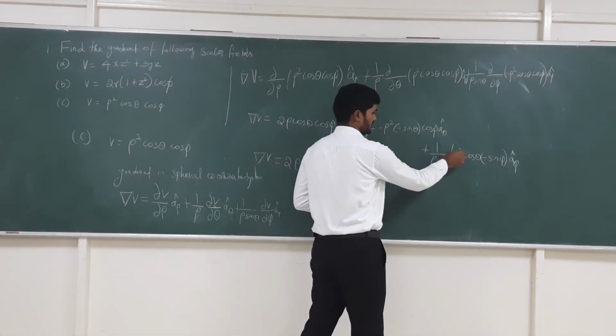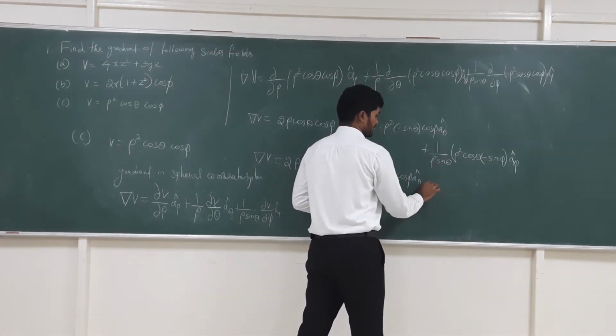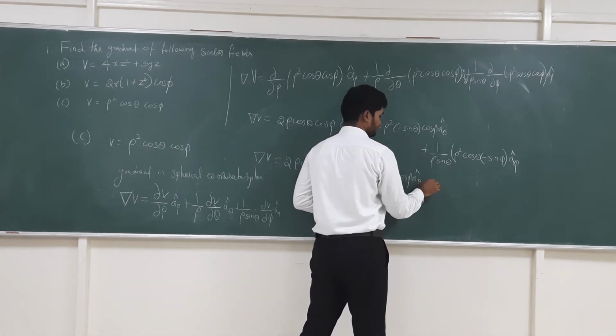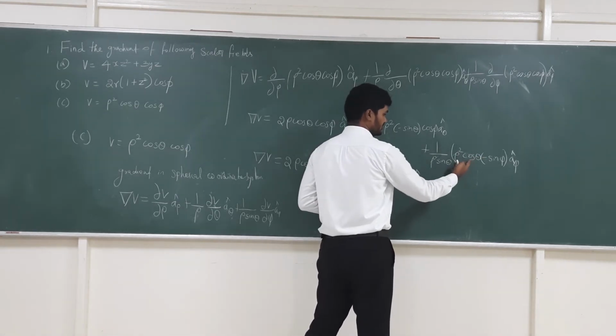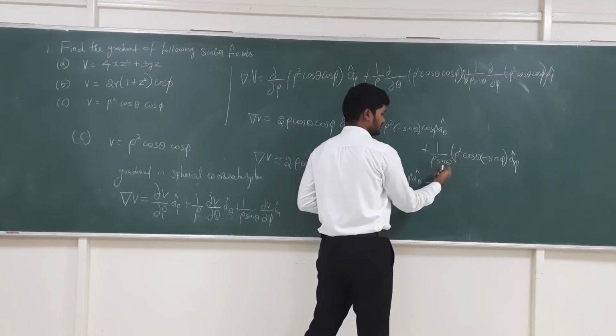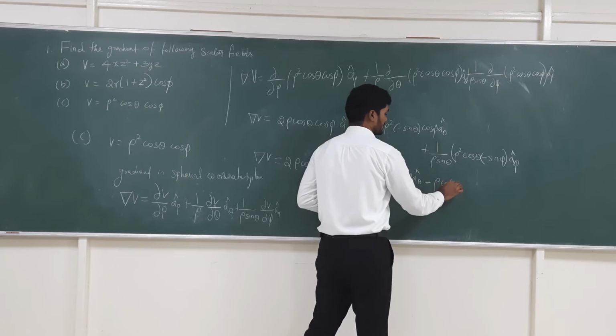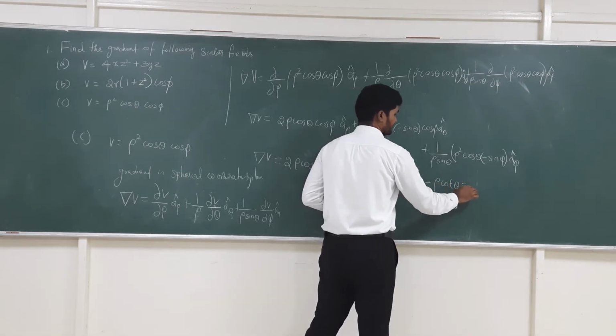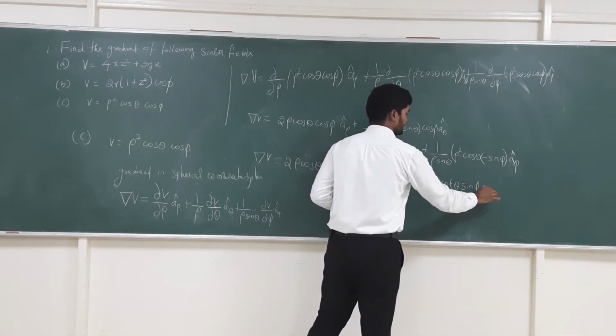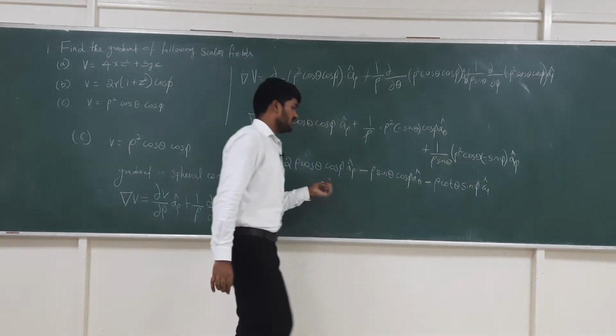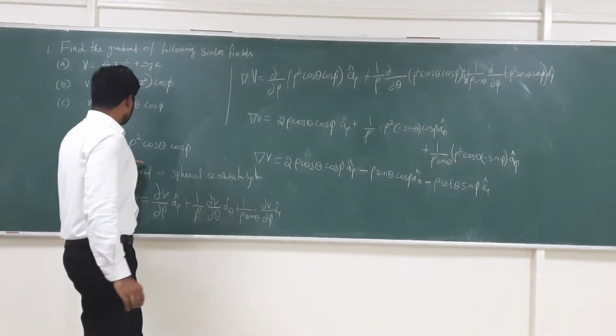Again here ρ gets cancelled and the remaining one ρ, and this sign is minus, so here cos θ, here sin θ, so cos θ divided by sin θ is cot θ, so ρ cot θ sin φ a_φ cap. Okay, this is the gradient value of this function.